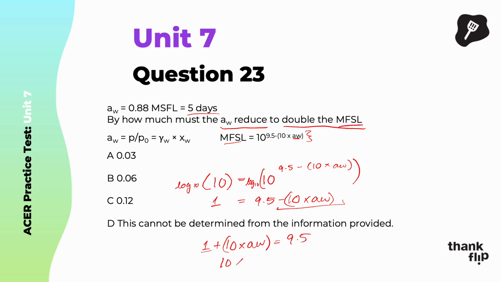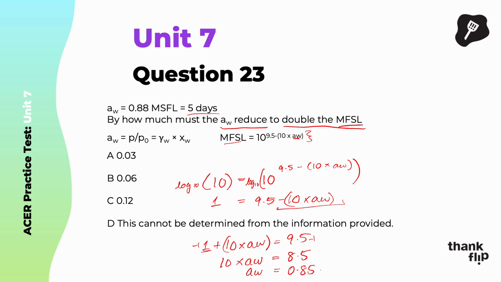So I get 10 times AW. And minusing 1 from both sides, I will get 8.5. So minus 1 and minus 1. Yep. So then what I'm left with is 10 times AW is 8.5, and I will just divide it by 10 on both sides, so I can get AW is equal to 0.85.